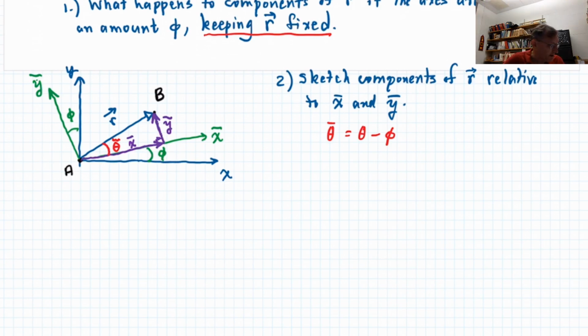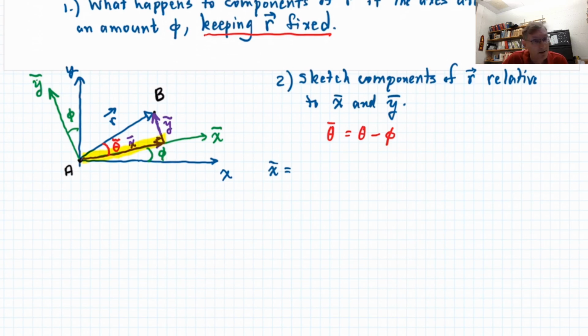All right, but now what is the expression for x bar? That's what I want to write out next. Okay? All right. X bar. Of course, what I mean is this component right here. Still can use trig. You've got a right triangle there with r arrow, x bar and y bar, with an acute angle theta bar and a right angle that's marked.